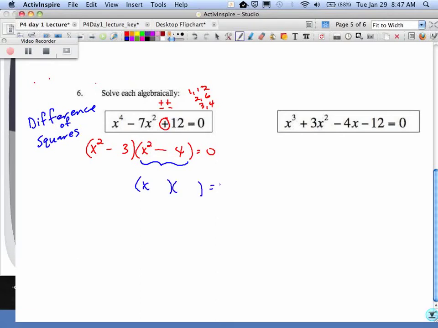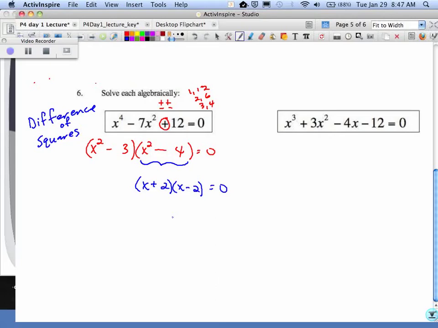Because this is negative 4 up here in the quadratic, one has to be positive, one has to be negative. So when you go to FOIL it out or multiply it out, you end up with the 2x term and the negative 2x term. And what happens when you put 2x and negative 2x together? 0. So that's why there's no middle term. So anytime you run into x squared minus a number, it's called the difference of squares, and you can factor it like we did.